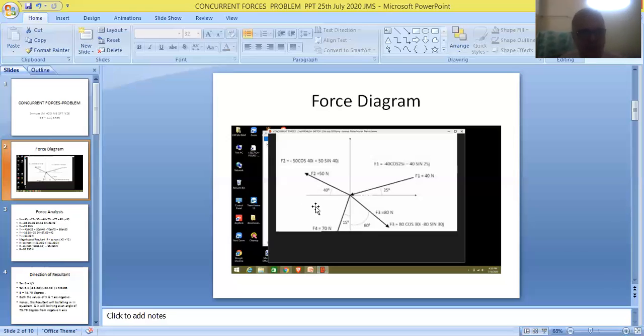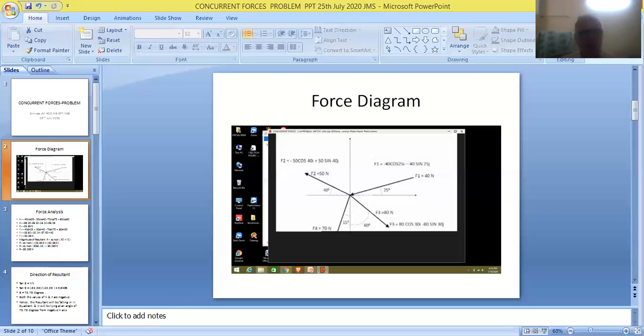So friends, measure an angle of 75.79 degrees from this negative x-axis and thereby obtain the position of the resultant. Draw an inclined line at an angle of 75.79 degrees from this negative x-axis.